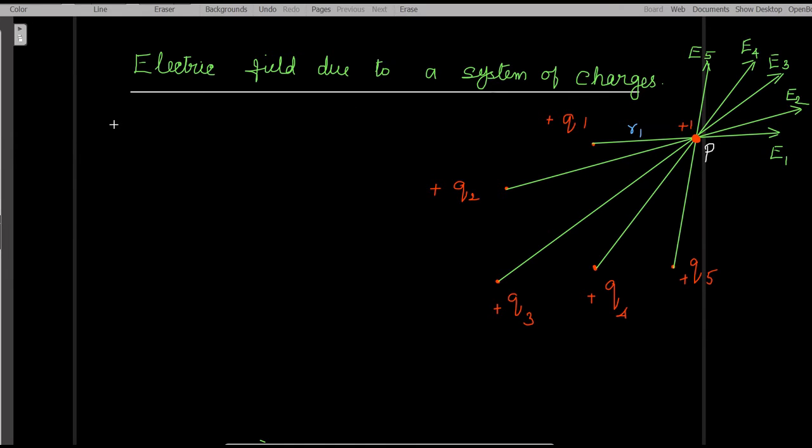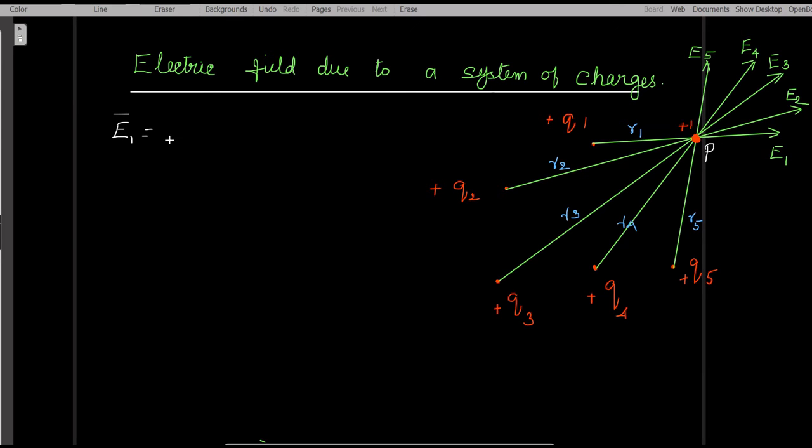Let us see what these forces are. We write E1 according to Coulomb's law. The distances, let us note here first: Q1 is at distance R1, Q2 is at distance R2, Q3 is at distance R3, this is R4, and this is R5.